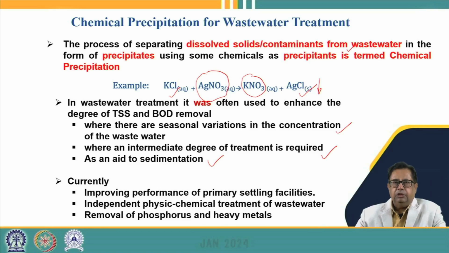Currently, chemical precipitation methods are used for improving primary settling facilities, for independent physical and chemical treatment of wastewater, and for the removal of phosphorus and heavy metals, which we will be discussing in the coming lectures.